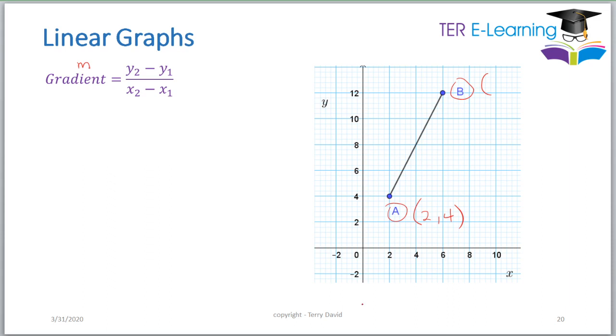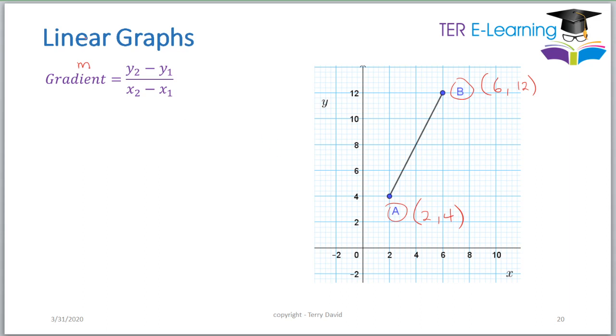Let's see, is it really 6, 12? Yes, it is really 6, 12. Now, here's how we're going to find the gradient. You all need to learn up this formula, by the way, which is y2 minus y1 divided by x2 minus x1. This formula is not given on the formula sheet for the maths exam.